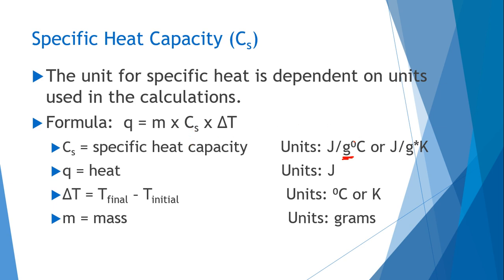And the units here are joules divided by grams times Celsius, or joules divided by grams times Kelvin. And then we have change in T here, final minus initial. This can be in Celsius or Kelvin. And the last one is mass. Now mass, because of our unit up here has grams, our mass must be in grams, not kilograms.